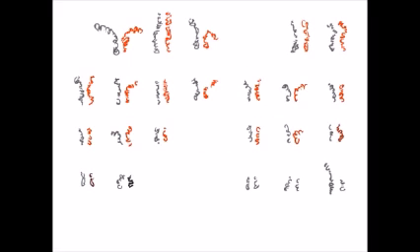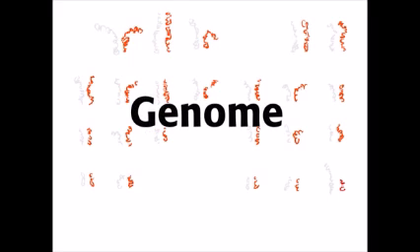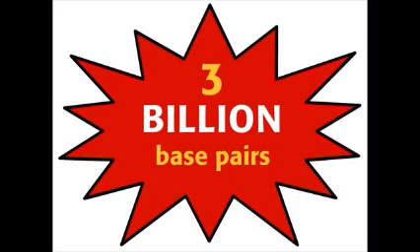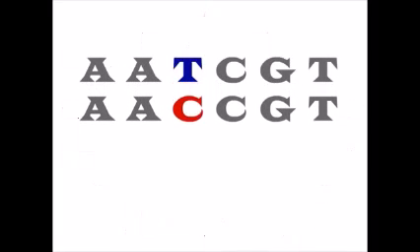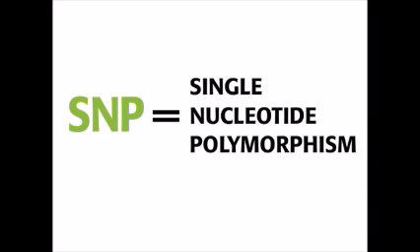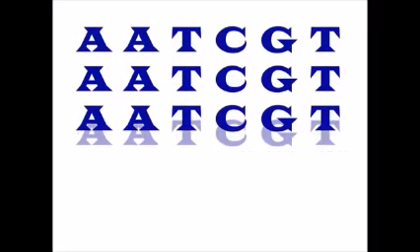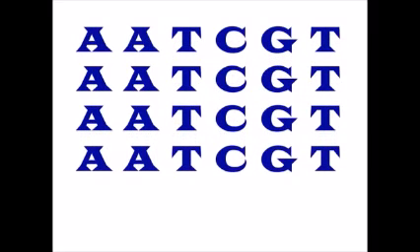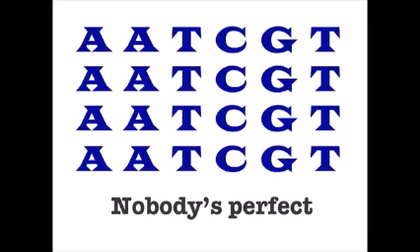An entire set of 23 human chromosomes is called a genome. The human genome is composed of 3 billion base pairs. Variation at a single base pair is called a SNP, or single nucleotide polymorphism. When the body makes new cells, it doesn't make many mistakes. But nobody's perfect.